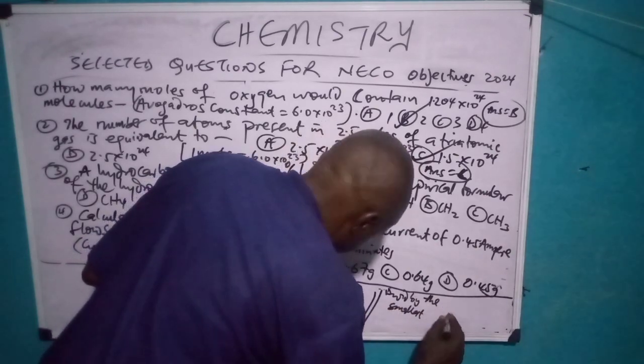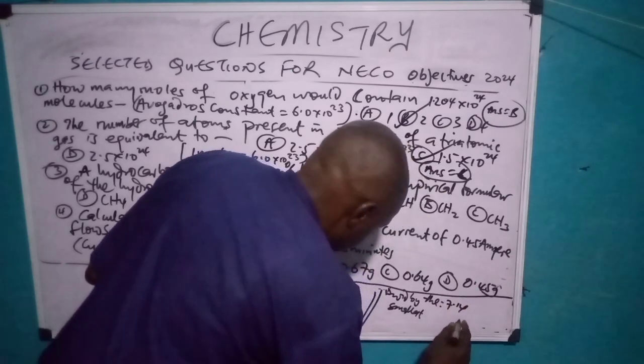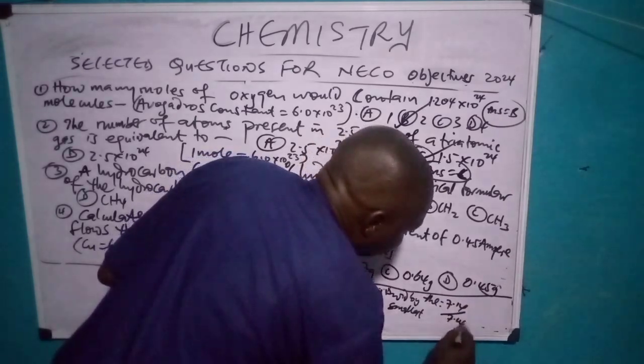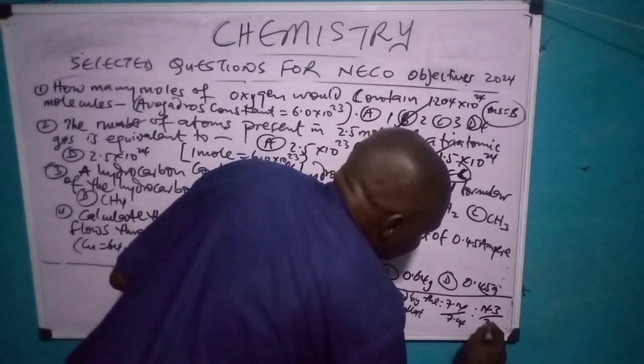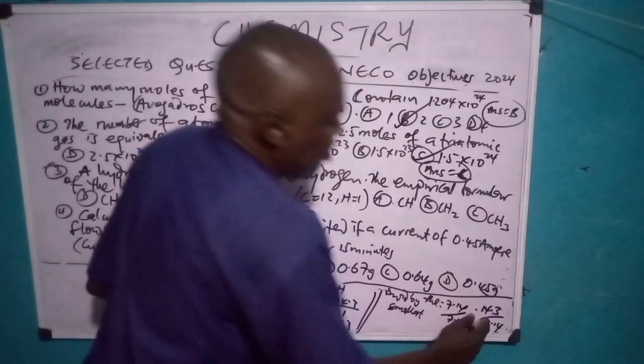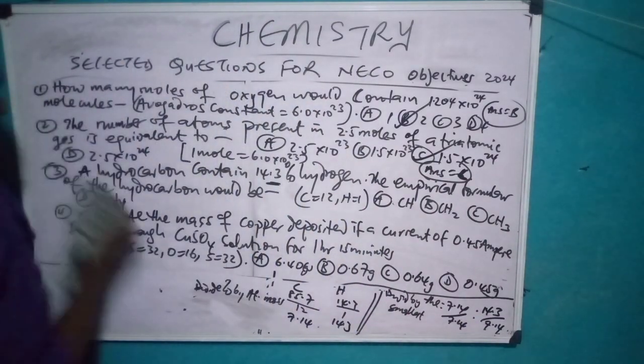So it now becomes 7.14 over 7.14, ratio, 14.3 over 7.14.